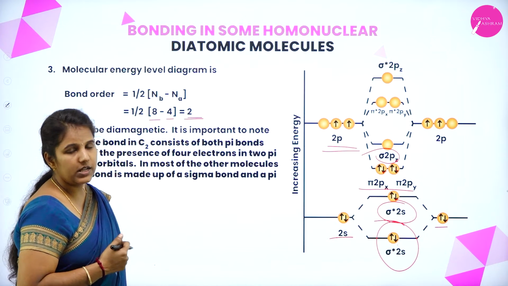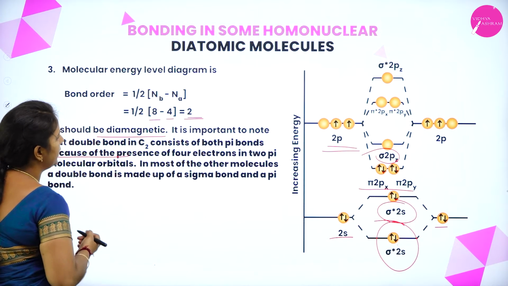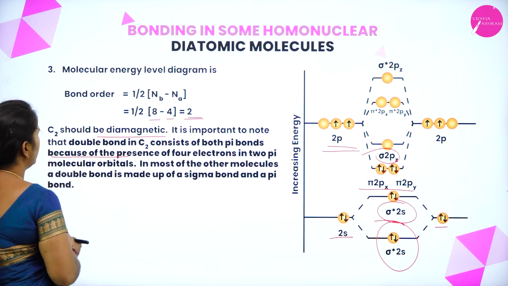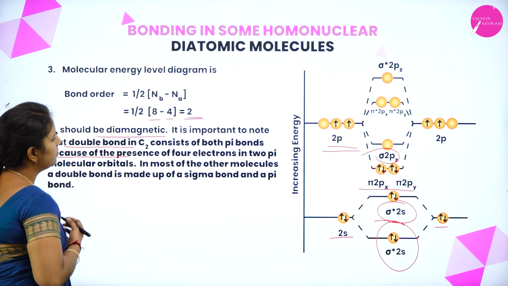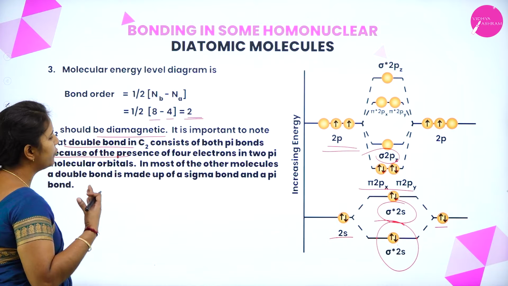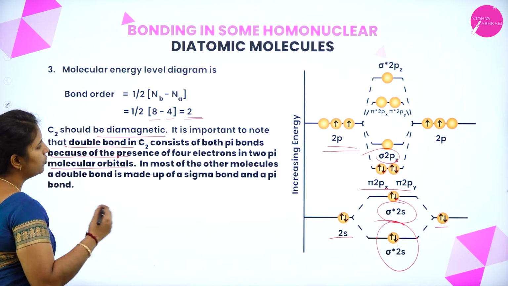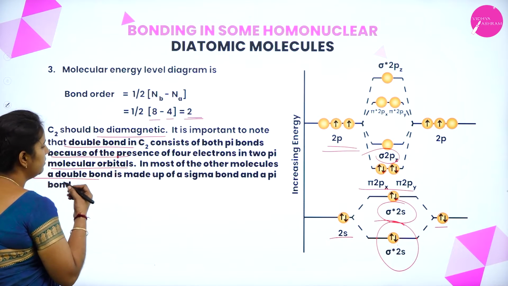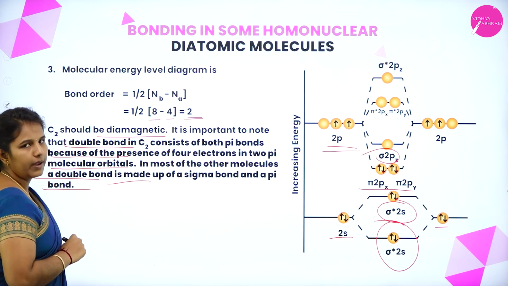So this indicates that carbon is diamagnetic in nature. It is very important to know that the carbon bond in the C2 molecule consists of both pi bonds, because of the presence of 4 electrons in the 2 pi molecular orbitals, and the molecule is double bonded, made up of a sigma bond and a pi bond.